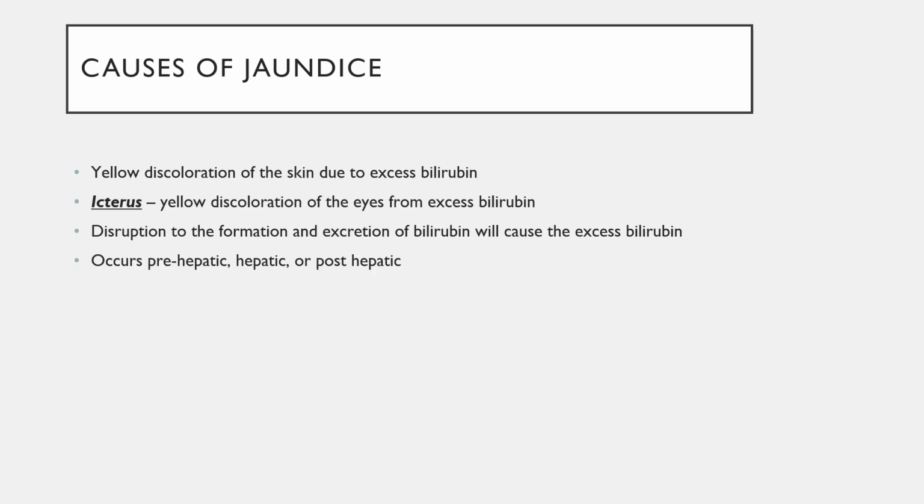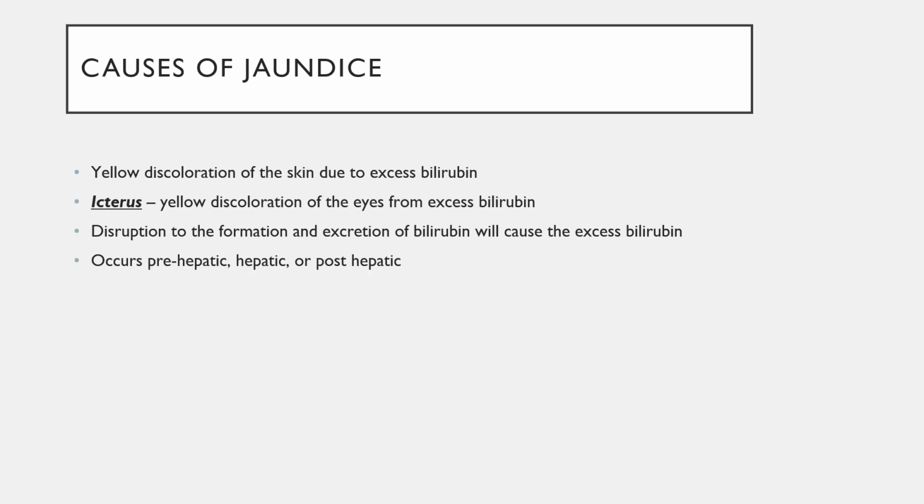So what actually causes this buildup? Anything that disrupts the formation, processing, or excretion of bilirubin can lead to jaundice. We classify it into three major categories. Prehepatic, the problem happens before bilirubin reaches the liver. Hepatic, the problem is within the liver itself. Or posthepatic, bilirubin is processed correctly but can't exit.